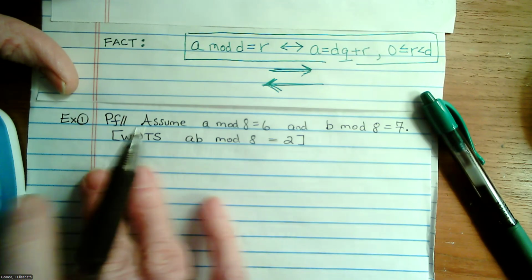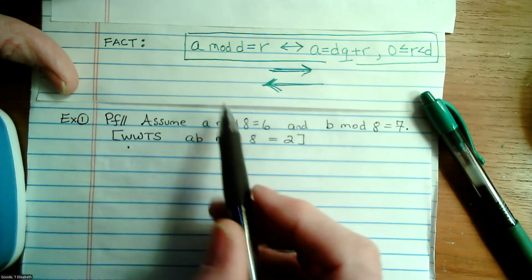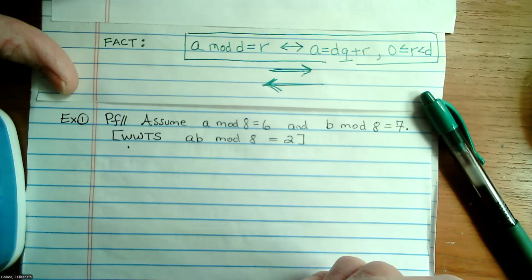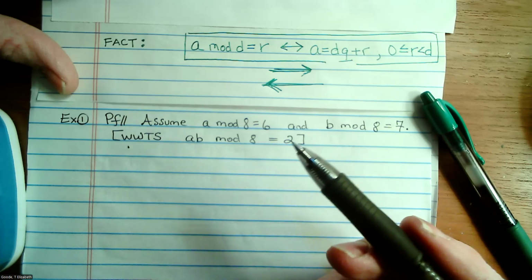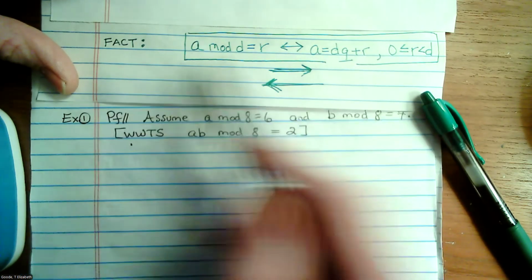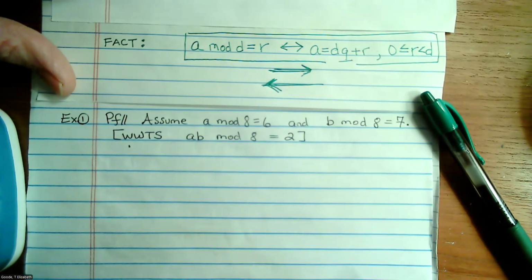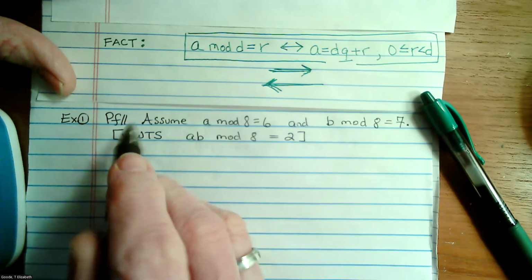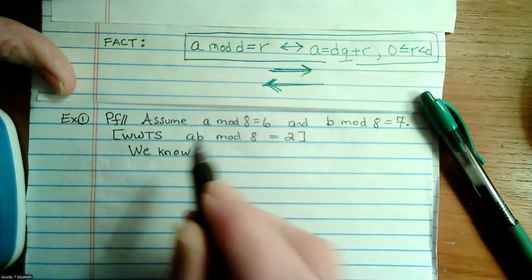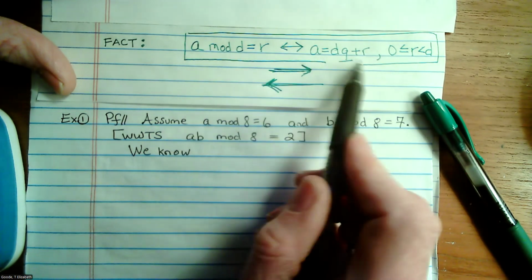Now, there are a couple of ways to dive in. You can say by definition of mod, or you can just say from our hypothesis, we know, or you could even say from our fact, we know, because I've been referring to that as a fact. I don't mind if you do, but I'm just going to say we know. Well, what can we write?